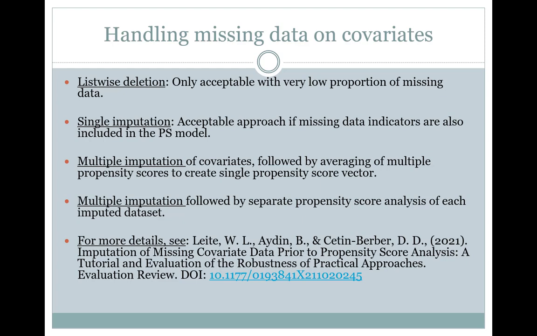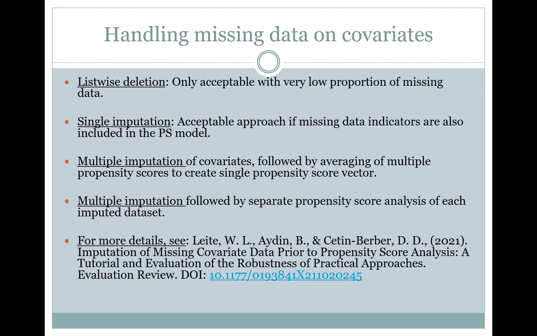One is multiple imputation of covariates, followed by averaging the estimated propensity scores across the imputed data sets and proceeding with the analysis with a single vector of propensity scores.